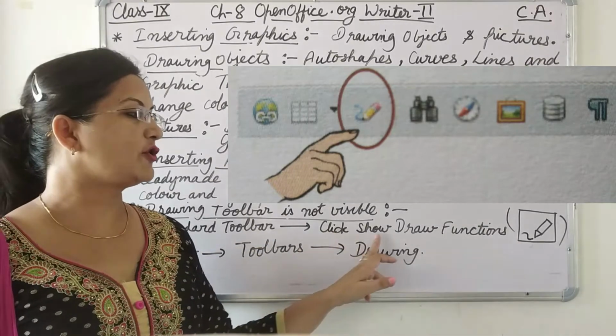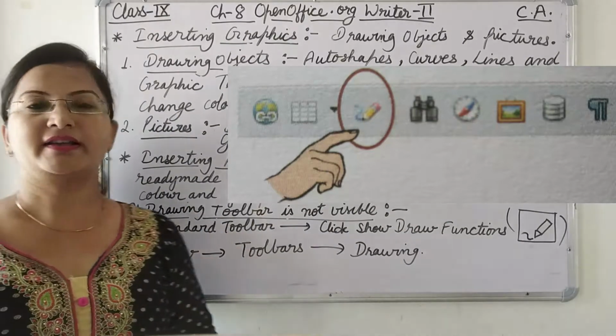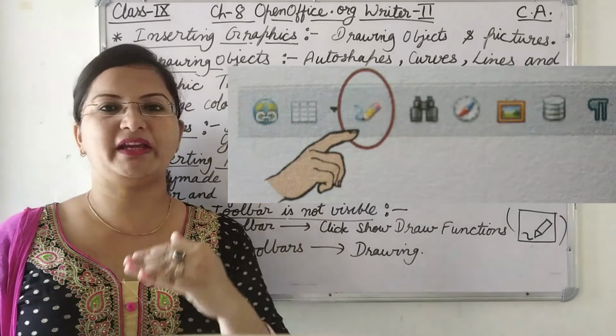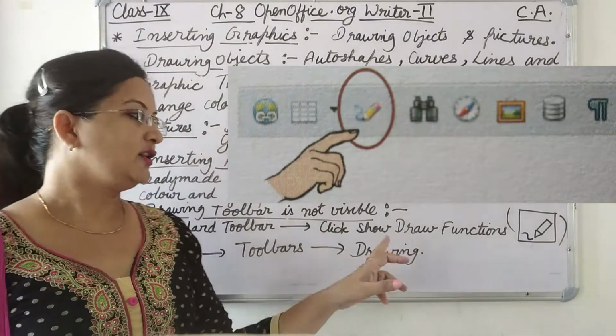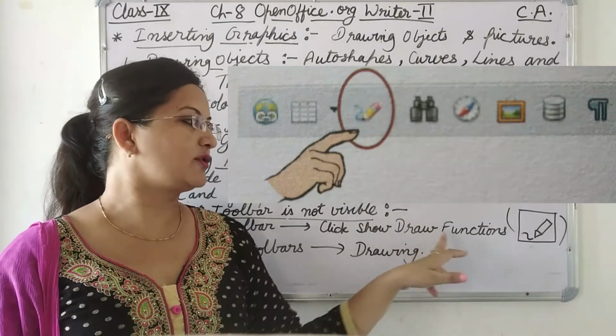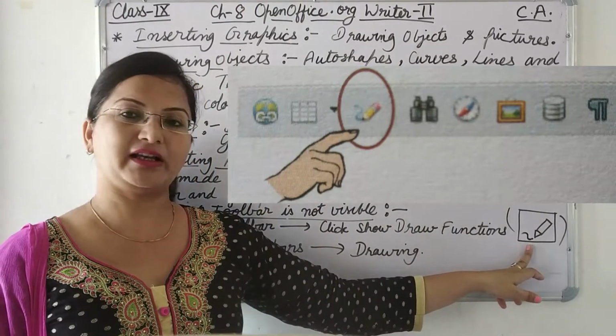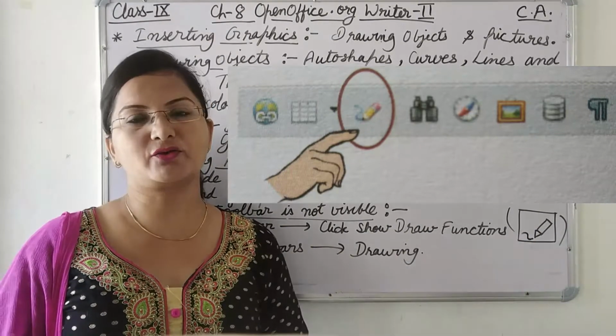Here you have to click on the show draw functions icon on the standard toolbar. The standard toolbar is just below the main menus. This is the show draw functions icon. When we click on it, the drawing toolbar will appear.